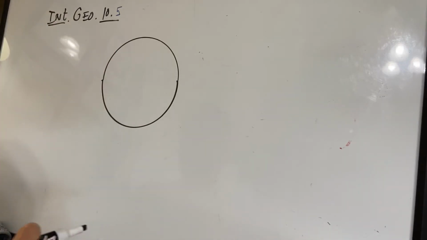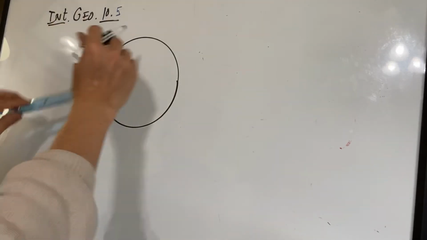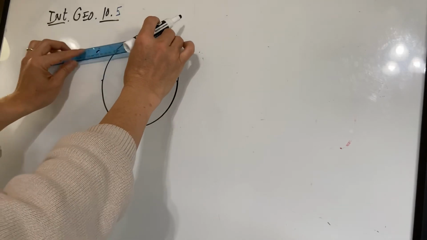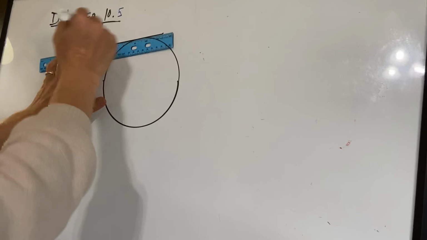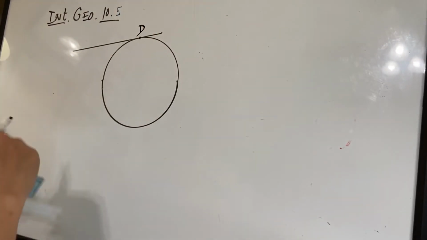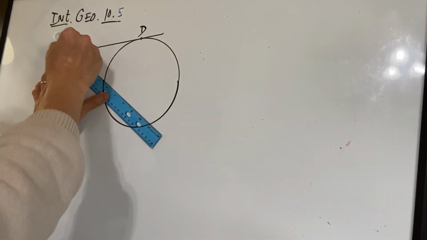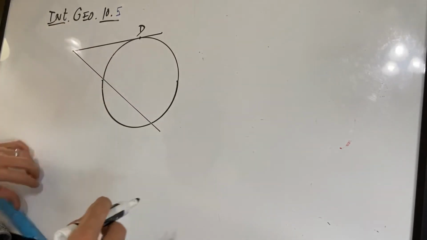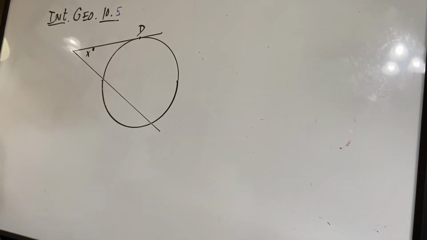Look right here. I am going to draw what example 3 has for us. We have a tangent line to the circle at the point D. Then over here you have a line that runs through the circle just like that. And they ask, Mr. Deng, what is angle X right there?